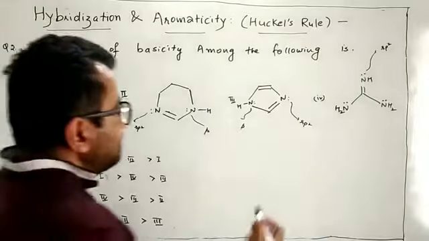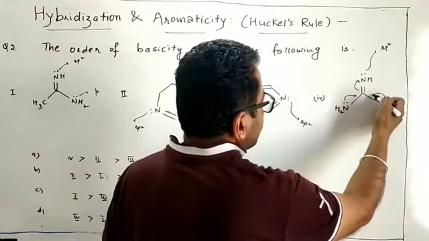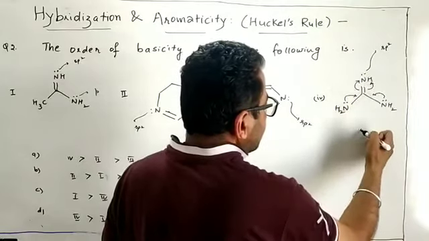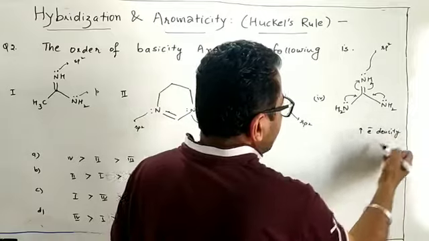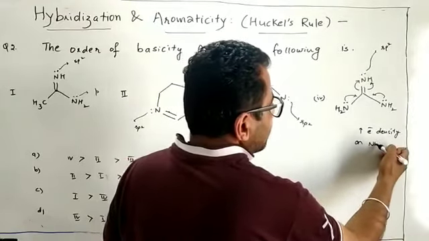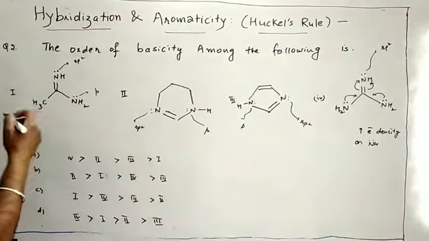See the last one, this nitrogen donates electrons like this, and this nitrogen donates electrons like this. So it increases electron density on NH. Now we compare it with this.